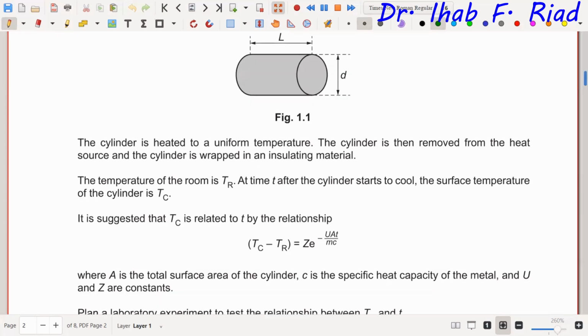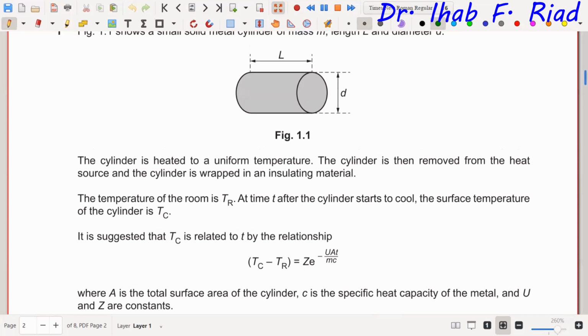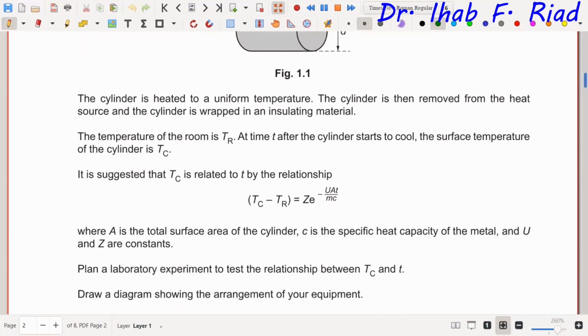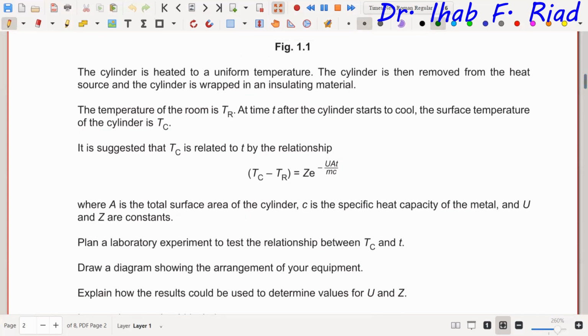Okay? Are you following? Yes, I am. Okay, good. The temperature of the room is TR. So TR is the room temperature. At time T, after the cylinder starts to cool, the surface temperature of the cylinder is Tc.